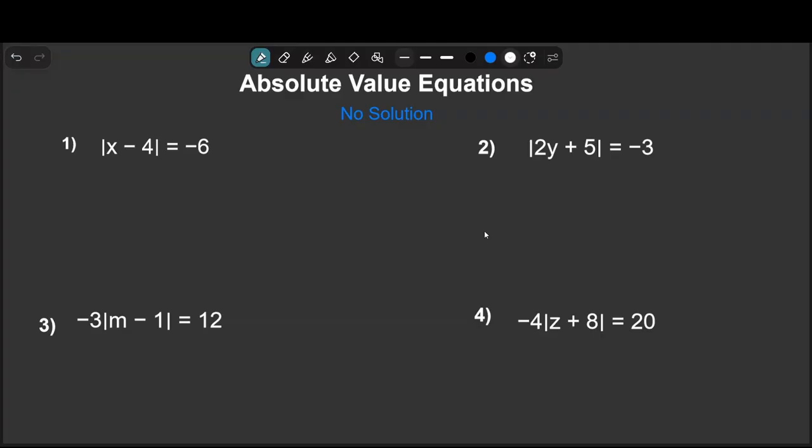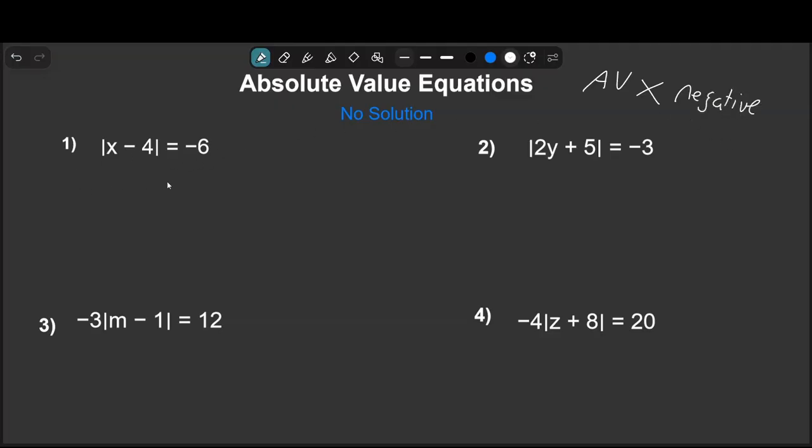Let's jump into number one, where we have the absolute value of x minus 4 equals minus 6. As you can see, our solution is a negative number. But, as I said, absolute value cannot be negative.